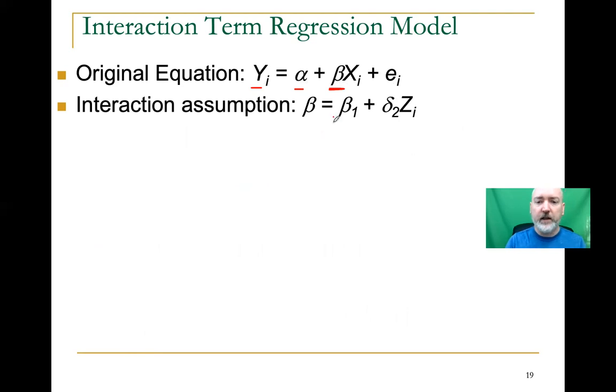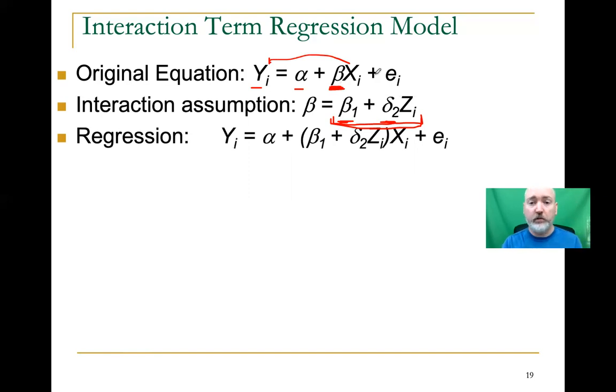But here is the interaction assumption that, just like we said, the slope, the marginal effect of x on y, is a linear function of this additional variable z. So we've introduced now two new coefficients, a beta 1 and a delta 2, all within this marginal effect term.